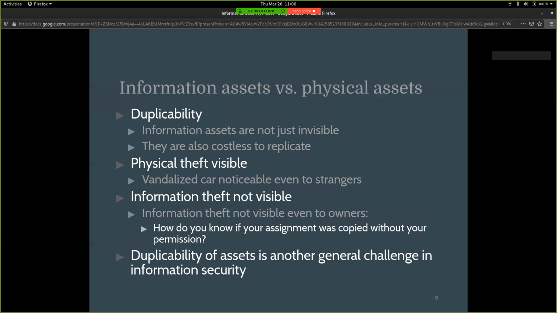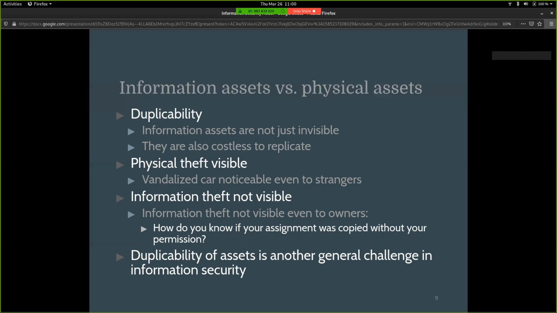The other issue with information assets is, when you steal documents digitally, the digital documents are still there on the server. Someone has really just made a copy of them and taken them, right? When you steal something from a car, you don't make a copy of the iPhone and then all of a sudden leave the iPhone and take a new one with you, right?